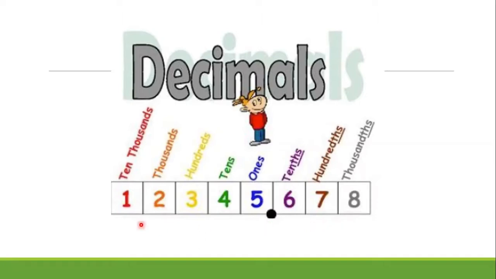I said 12,345.678, not 12,345.678 as a whole number. So, the digits after the decimal point should be read one by one. So we say 6-7-8, not 678. Understood?